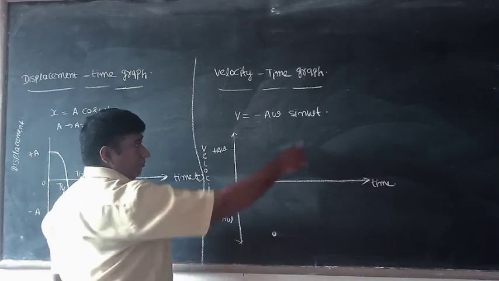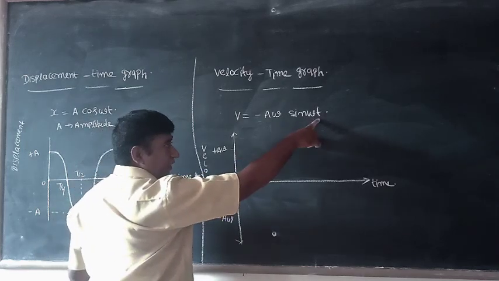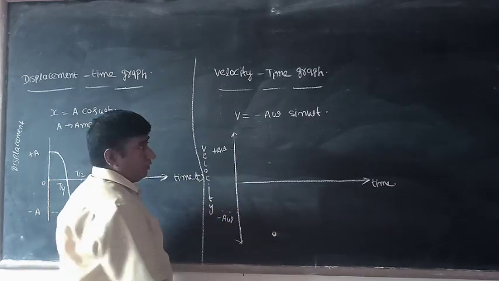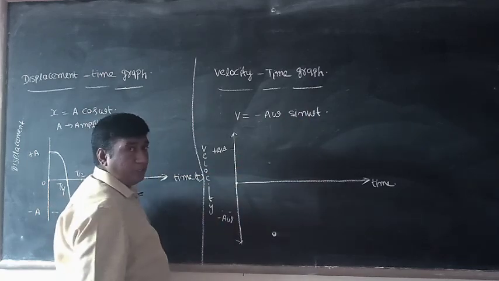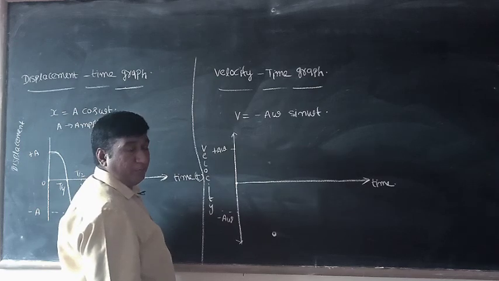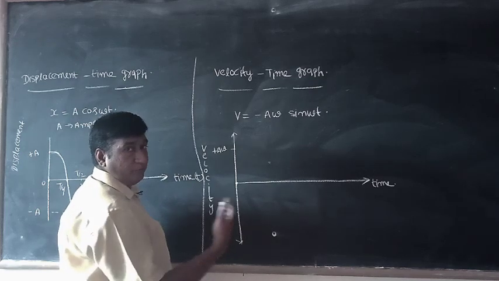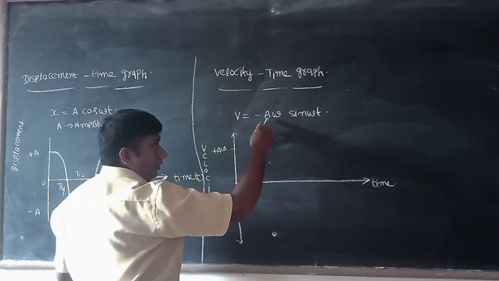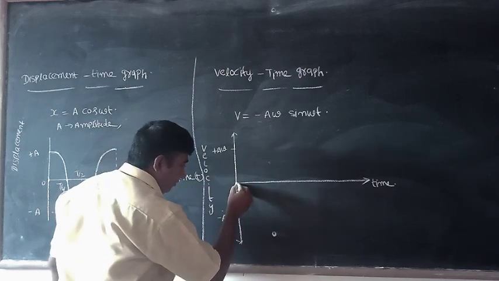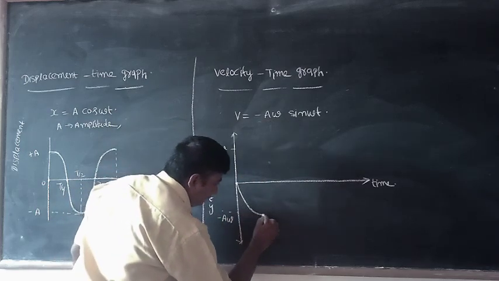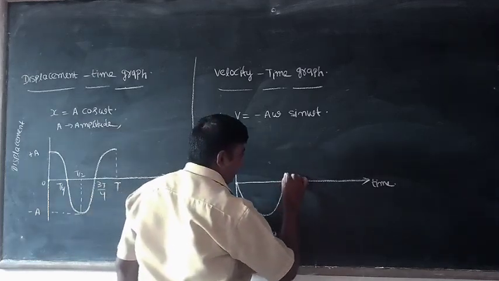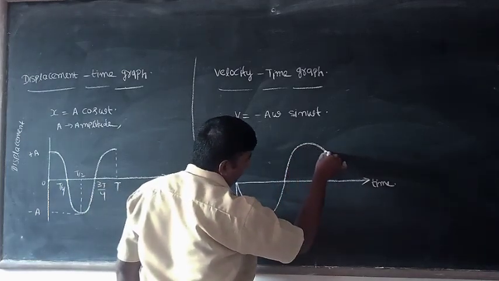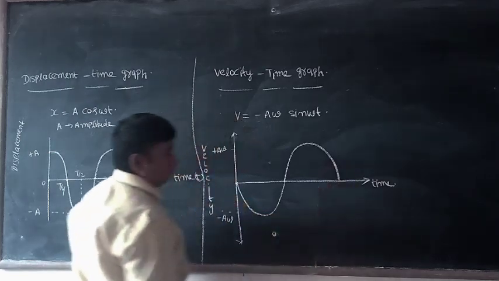Here, if we take time t equal to 0, then sine 0 is 0. That means it will start from 0. The next time will be t by 4, which means 90 degrees. Sine 90 is 1, so minus a omega. That means it increases from 0 to minus a omega, then again 0, then plus a omega, and then it comes back to 0.